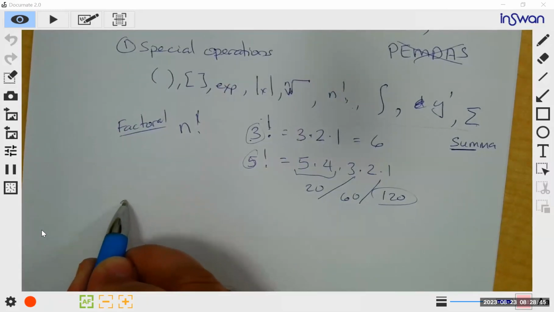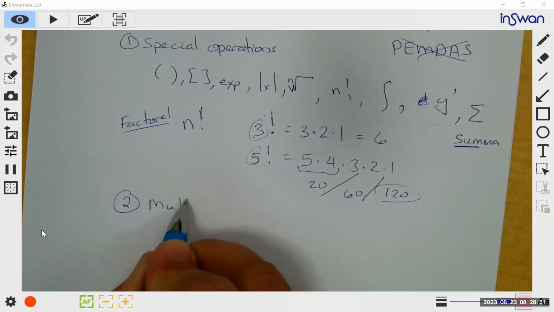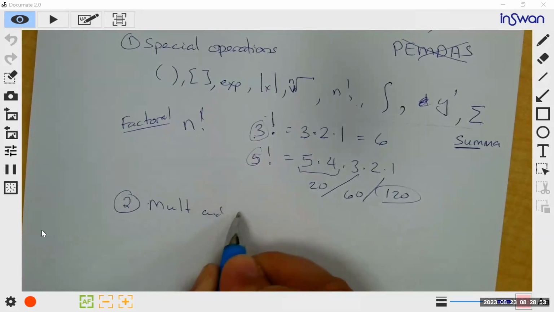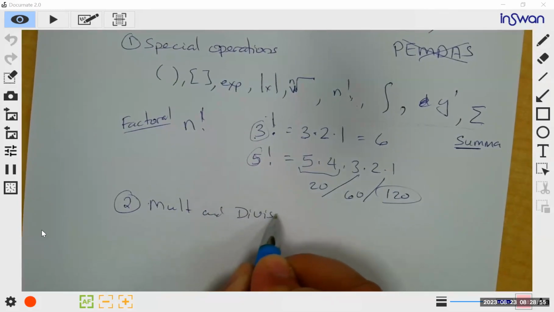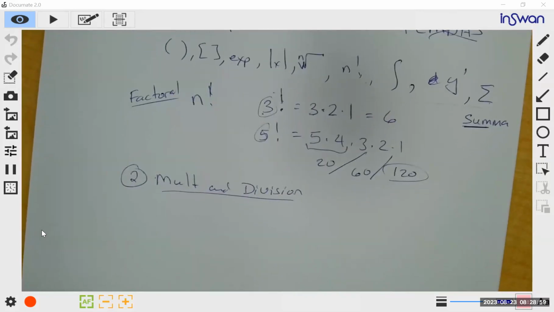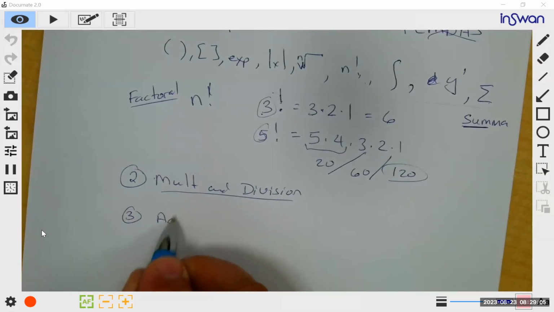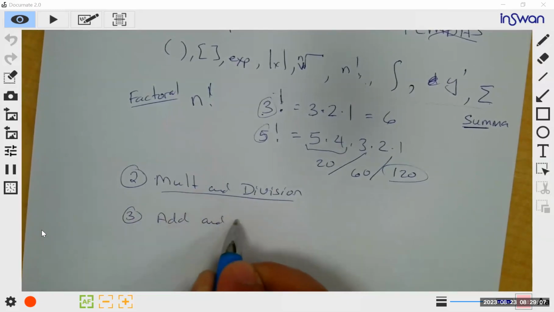Then, as you get those done, you do multiplication and division. Then lastly, you do addition and subtraction.